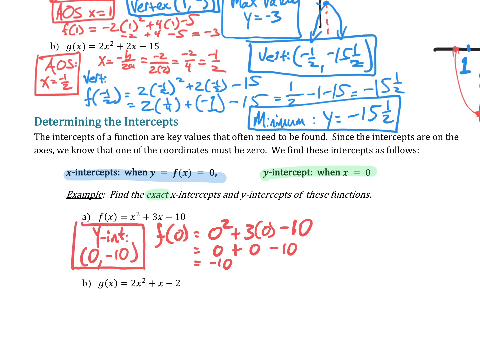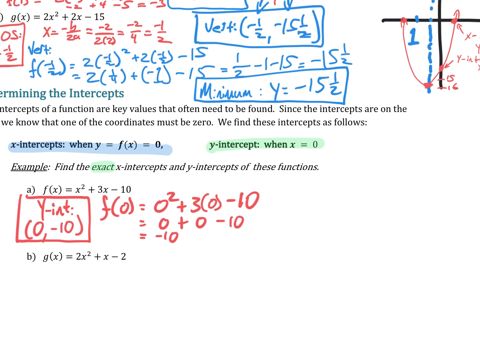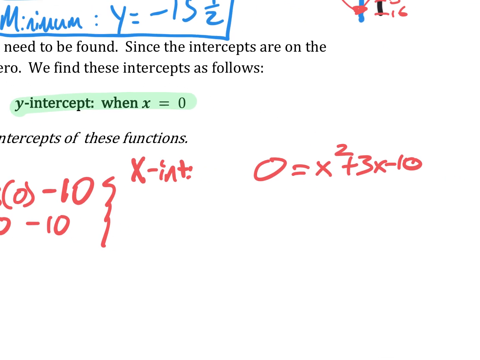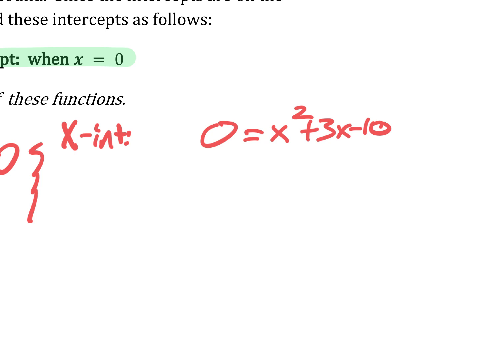Well, to find the x-intercept now, or x-intercepts, plural, we're going to want to set y equal to 0. Now remember, f of x represents y, so we're going to have 0 for y equals x squared plus 3x minus 10. And now we have an equation that we need to solve, which will either be factoring or using the quadratic formula in most cases, or we could use a square root method sometimes.